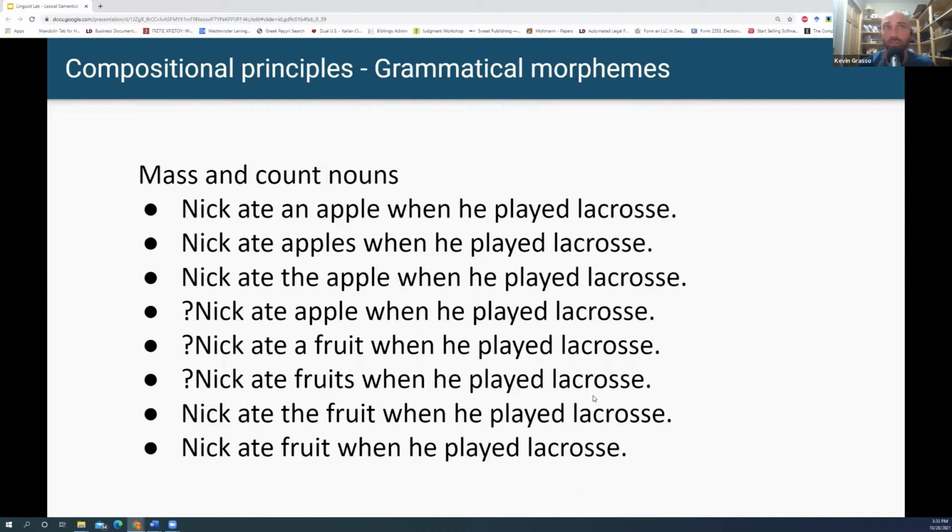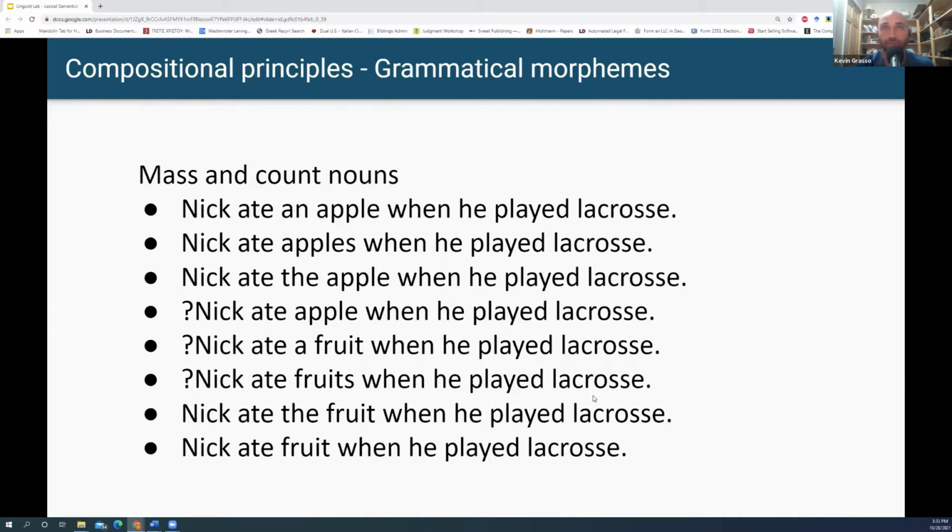So here's just some examples. If I said Nick ate an apple when he played lacrosse, that's totally fine, right? And we normally interpret that to mean he ate a single apple when he played lacrosse one time, although I think that you probably interpret that as habitual.